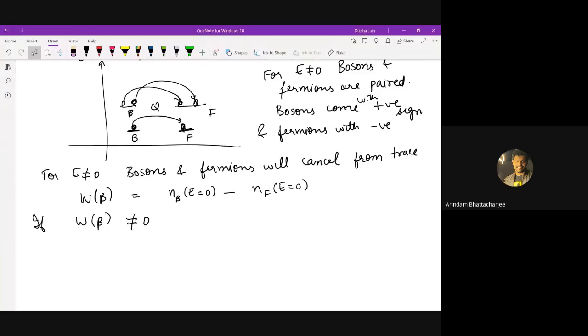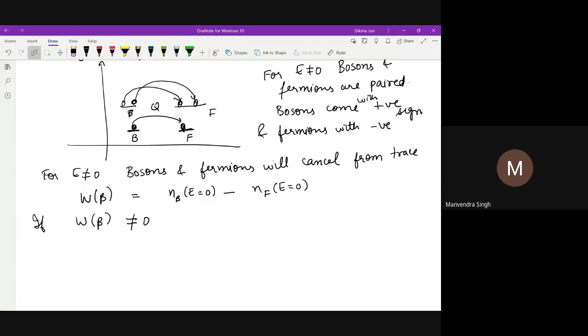Yeah. So at that energy level, suppose I have 2 bosons, right? If I act the supersymmetry generator on it, now that energy level should have 2 fermions. Yes. Which shouldn't be the case, because given there is no degeneracy, that energy level should not have that.